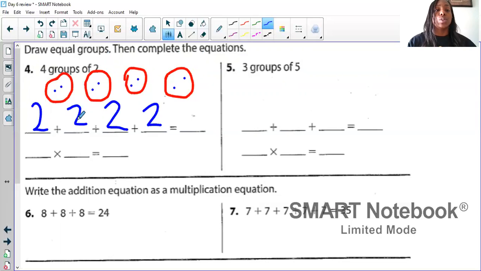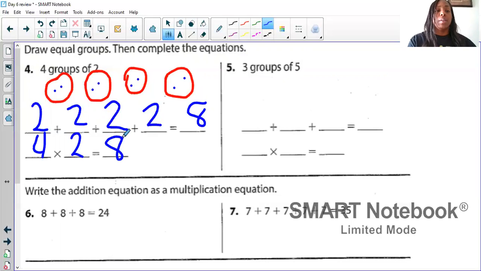So 2 plus 2 plus 2 plus 2 equals 8. Very good. And so what should my multiplication equation look like? 4 times 2 equals 8.